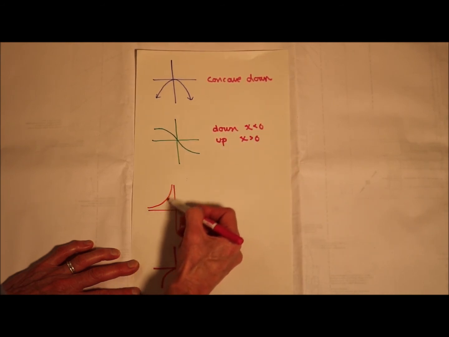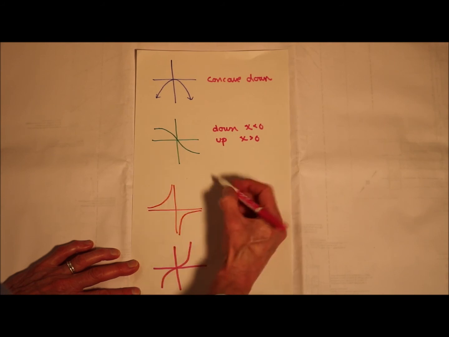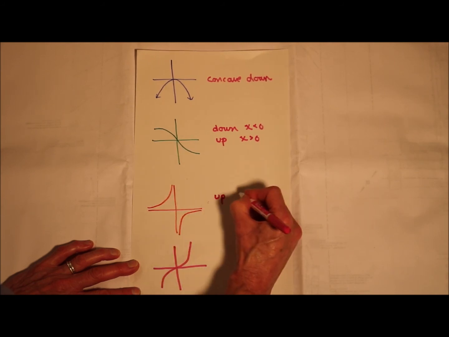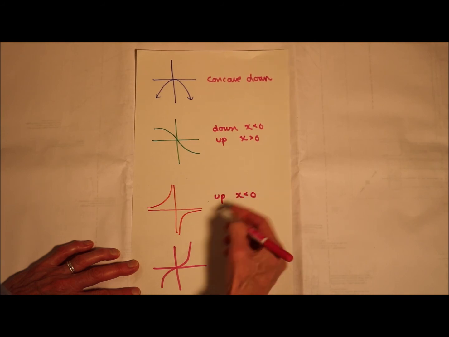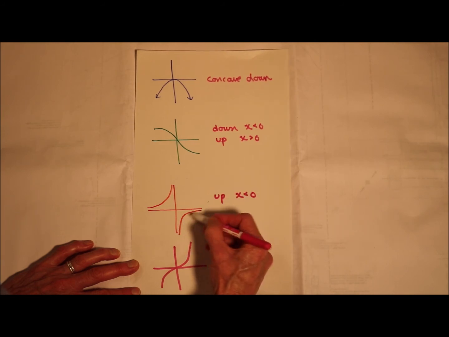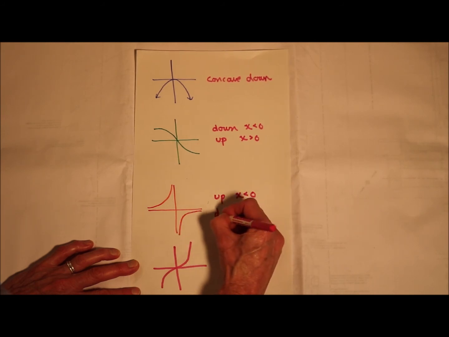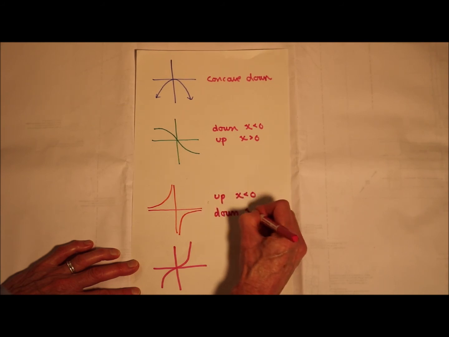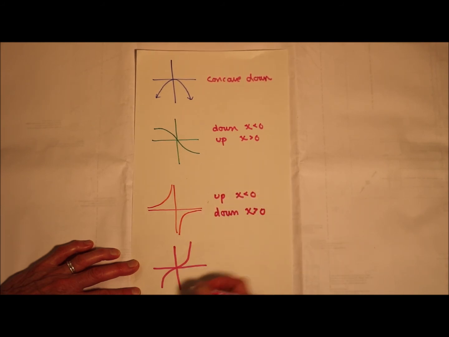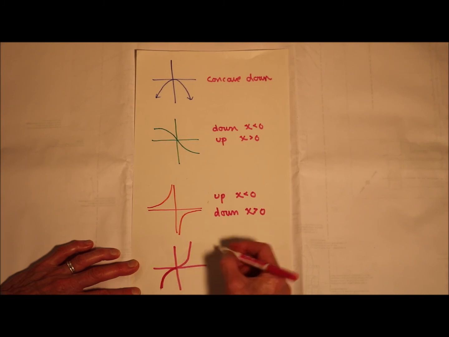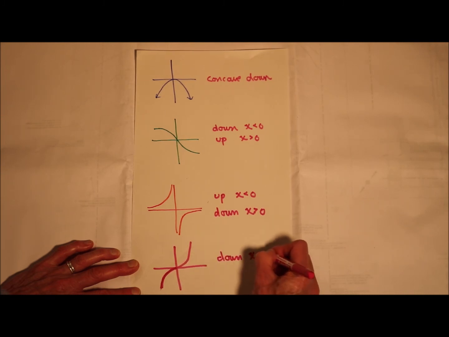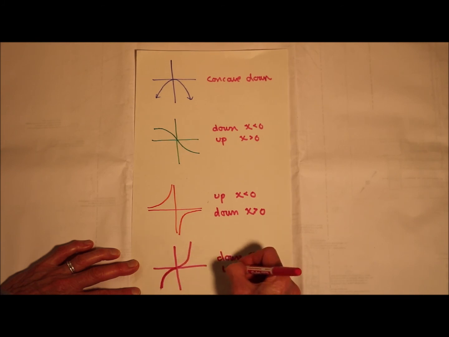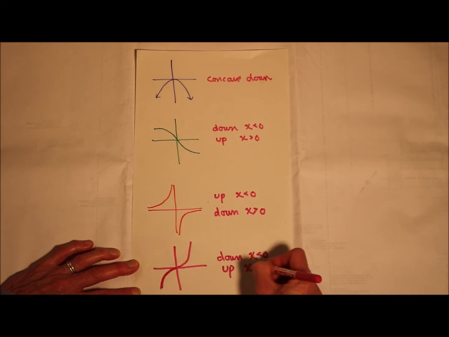Let's look here, ooh, that's like a bowl or a satellite dish. That's concave up when x is less than 0. And ooh, that's like an umbrella, that's down. Concave down for x greater than 0. So again, we're looking at the change in the slope. That looks like, ooh, an umbrella. So that's concave down for x less than 0 and concave up for x greater than 0.